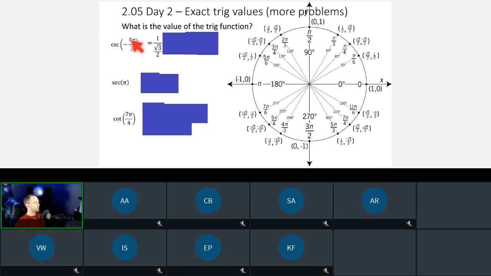So when you have negative 4 pi over 3, 4 pi over 3 is here. So one thing we can do to this is we can just add 2 pi to 4 pi over 3 to get the coterminal angle.